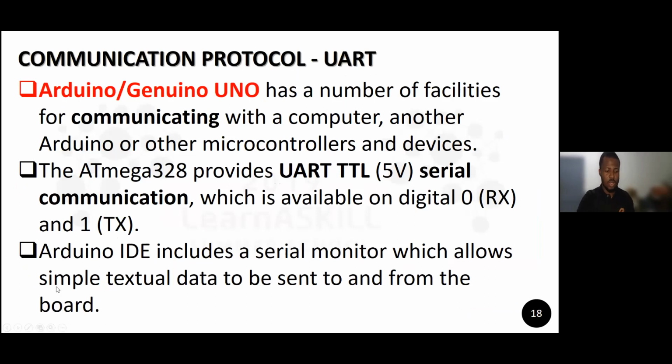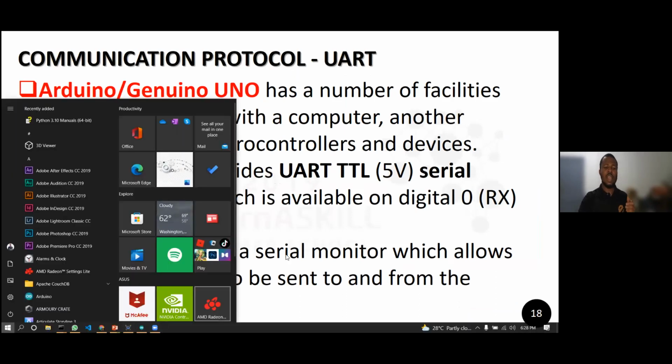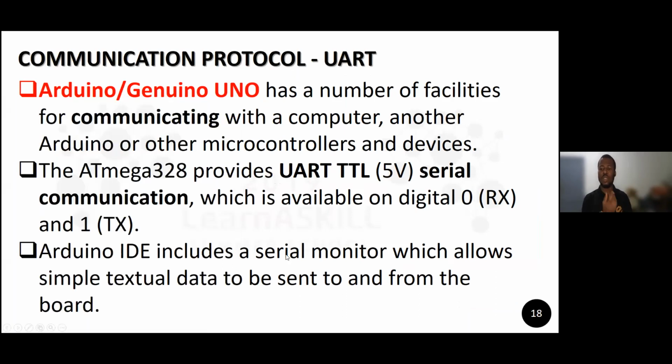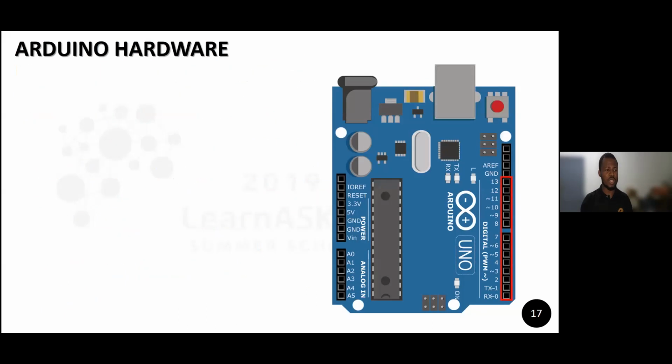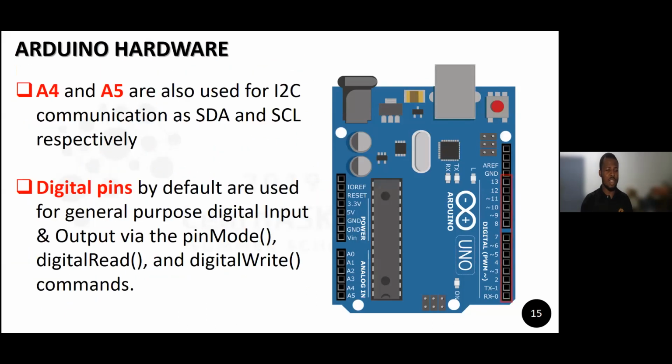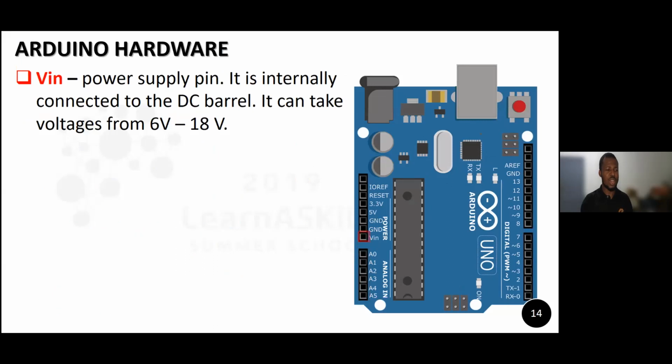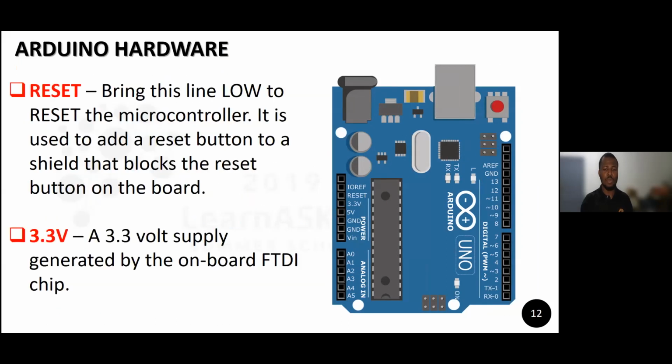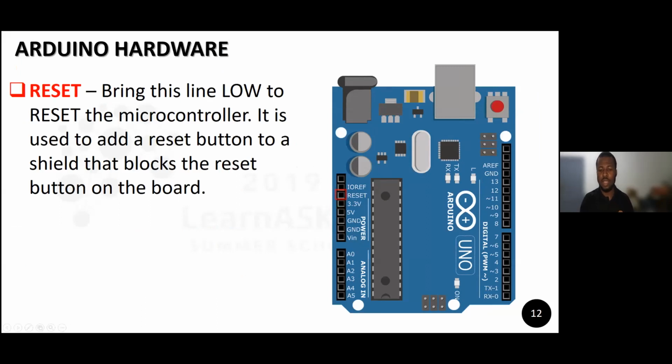Okay, so let's hope all is well. Now, yesterday I did mention that on the Arduino board, there is a pin called RST, which is actually connected to the reset button here. So over here, we have the reset button, and it is connected to a reset pin.